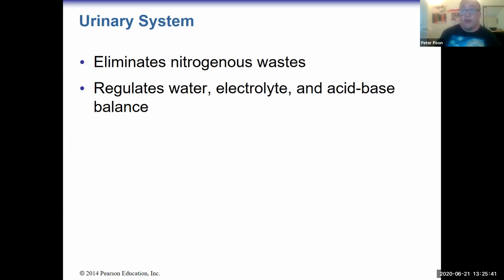So if you go into kidney failure, the waste builds up very quickly. In addition, your urinary system also regulates the amount of water in your bloodstream: blood pressure, electrolytes, how much salt you have, and the acids and bases in your bloodstream.